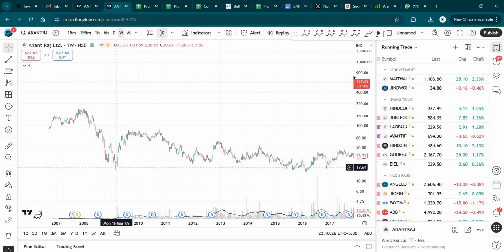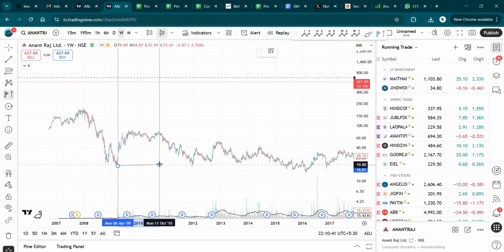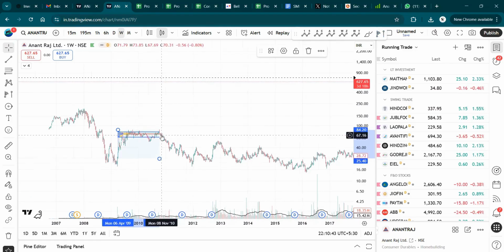Then the stock corrected up to this point, and after correcting, there was another upside move. Now for me, this upside swing is important. I will fit the volume profile here so that I can find out where I should enter the stock. Alright, so when I set this up, the important entry zone for me comes at 62, right?